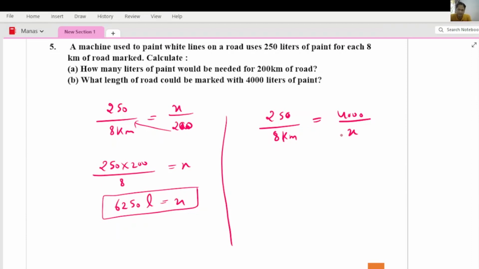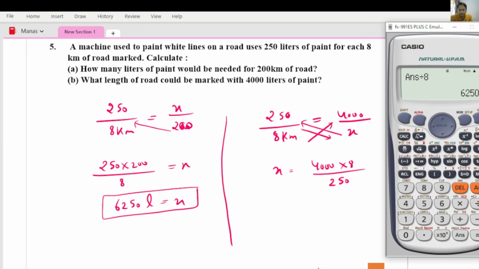So you need to make x the subject now. I'll be sending this to the other side, 250 to the denominator and 8 in the numerator. So x will be equal to 4000 into 8 upon 250, right? You can use a calculator for this, and because we are doing the Cambridge curriculum, we can use a calculator here.